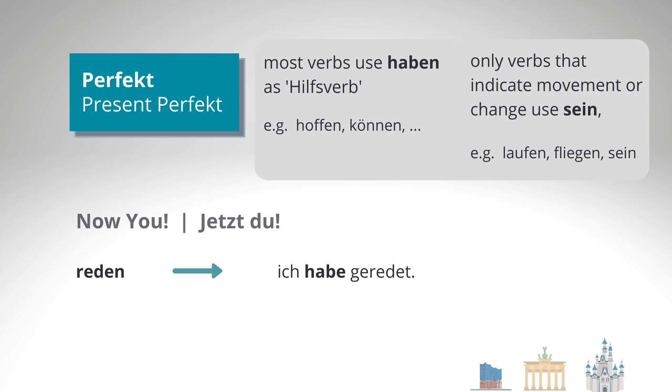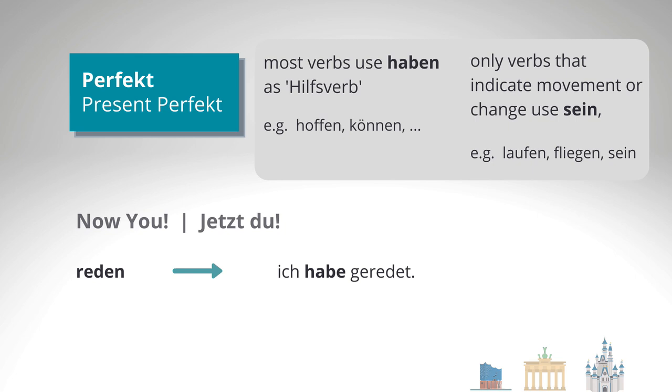And because reden, to talk, doesn't indicate any action and any movement, we use the Hilfsverb or auxiliary verb haben. For example, the sentence I talked would be Ich habe geredet. Now the second part, so geredet, doesn't really matter for now. The only thing that's important for us is that we use haben and not sein.